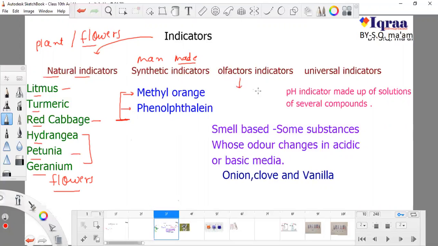We can distinguish acid or base with the help of our smell, or we can say nose. There are some substances called olfactory indicators.